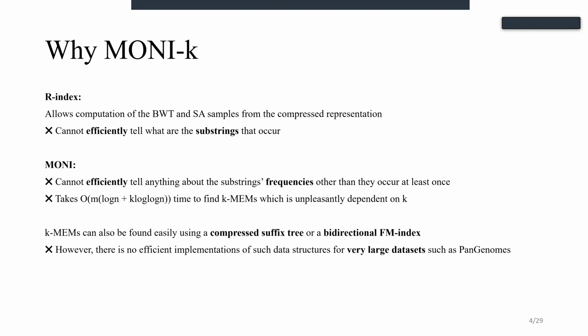So our index cannot efficiently tell us what are the substrings that occur in the text. It can tell us the position of the pattern that occurs in the text, but it cannot talk about the substrings of the pattern.